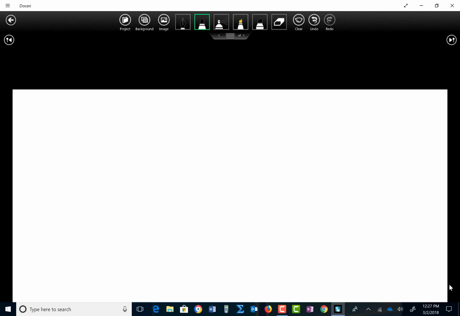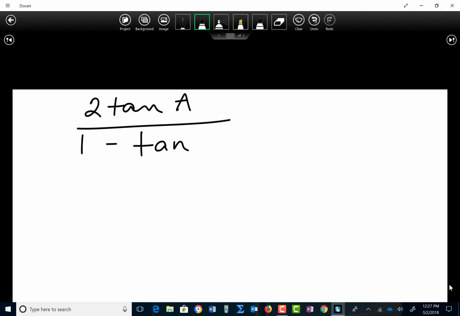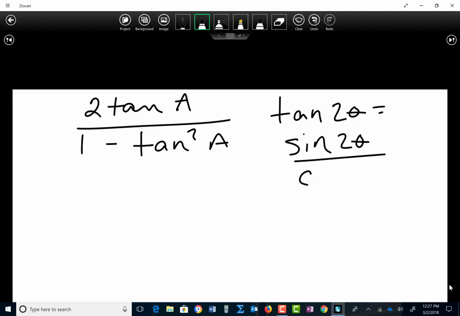And you have a formula for tangent of 2 theta is 2 tangent of whatever angle you're talking about over 1 minus tangent squared of the angle that you're talking about. It is also, just remember this, that tangent is always sine over cosine. So tangent of 2 theta is sine of 2 theta divided by cosine of 2 theta.